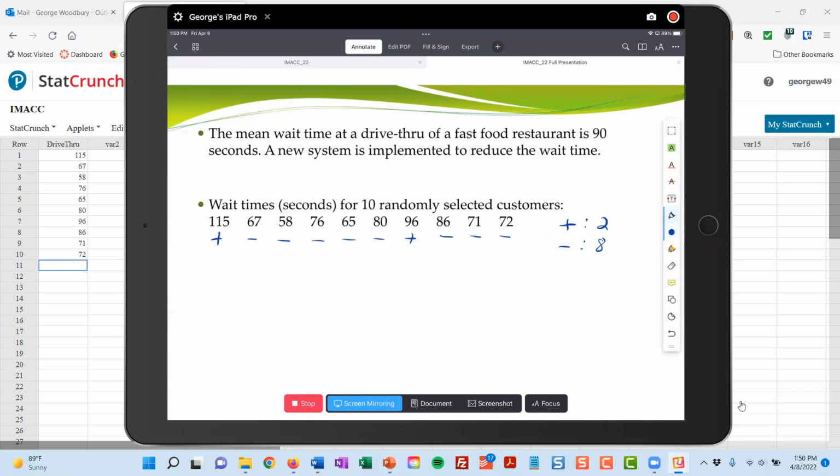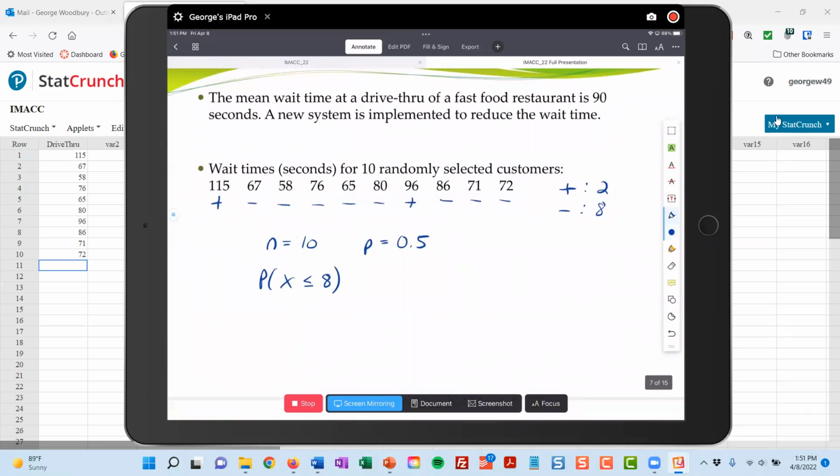I can now do a binomial calculation where the sample size is 10, because I didn't cross out any values. There were no 90s in the list. The probability that any single value is below 90 is 0.5, and what we want to find is the probability that we have 8 or fewer negative signs.